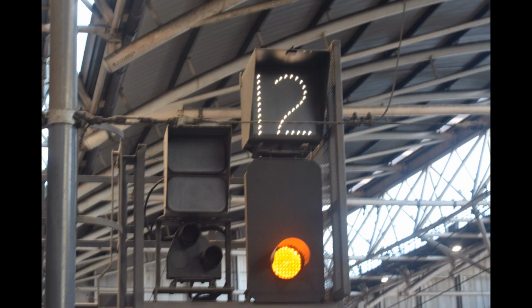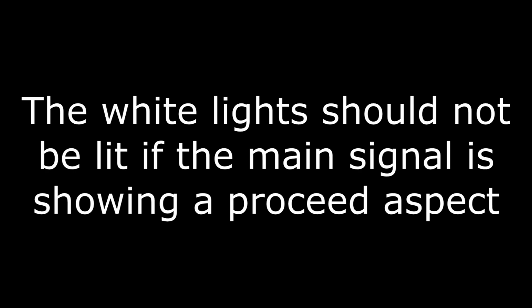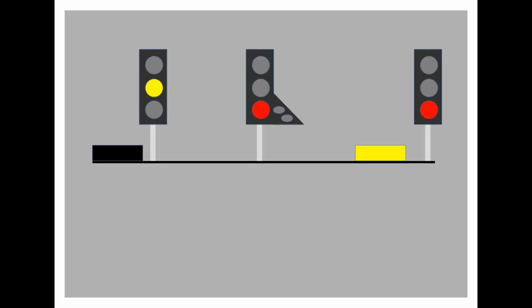When they're not illuminated, the driver is going to obey the main aspect. So when the main aspect is displaying a red and the white lights are illuminated, the driver may proceed towards a train, buffer stops or the next signal.